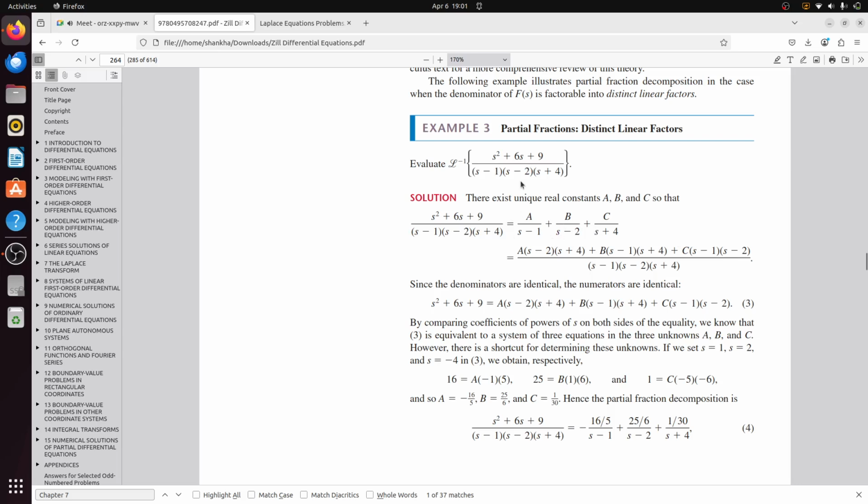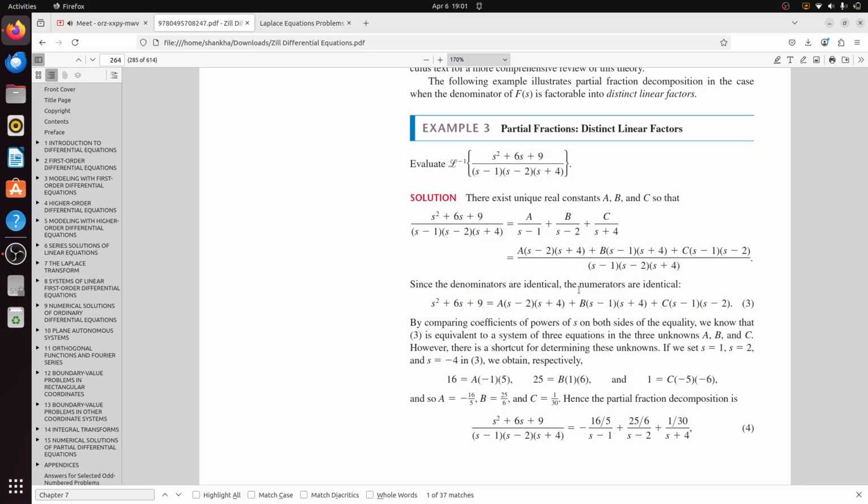Then what you have to do is multiply them up and equate like terms. These things are quite calculative, and you need to be very careful while dealing with these problems, because a small algebraic or calculation mistake may lead to a fatal problem.